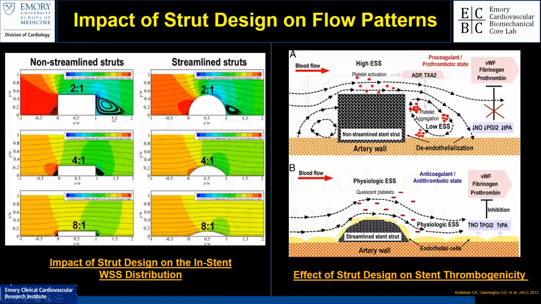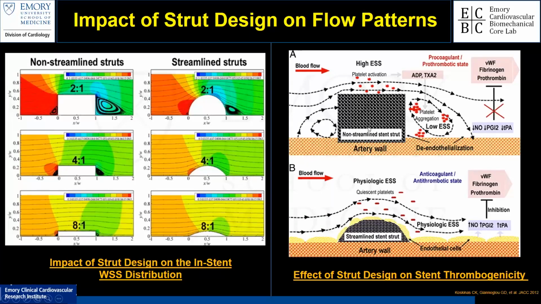Now, as you can see, when the struts are boxy and non-streamlined, they cause large areas of low and oscillatory shear stress, while streamlined struts have smaller zones of low shear stress. This phenomenon also depends on the strut size. So bigger struts will cause larger zones of low shear stress.